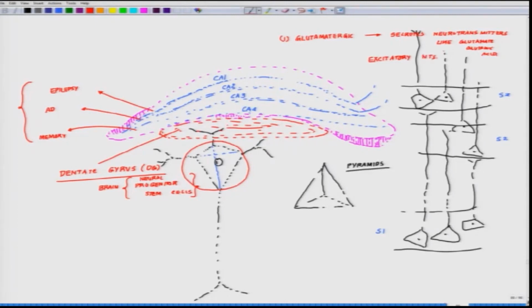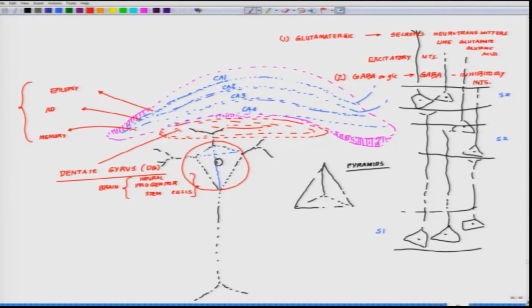NTs, I am just putting for neurotransmitters. Okay, this is glutamatergic, or they are GABAergic. They secrete GABA, gamma-aminobutyric acid. This is an inhibitory neurotransmitter, inhibitory NTs. There is a third population, which is a very controversial population.